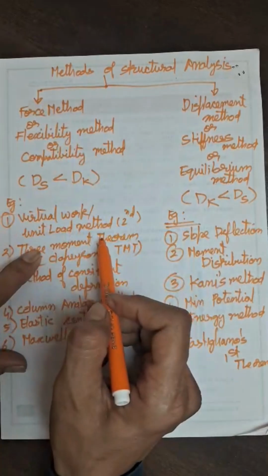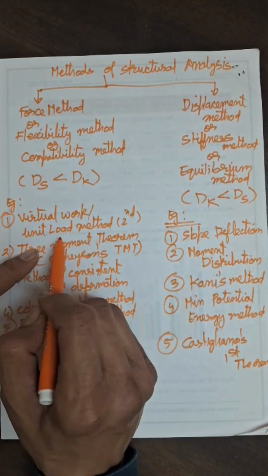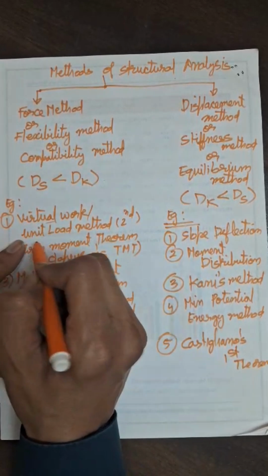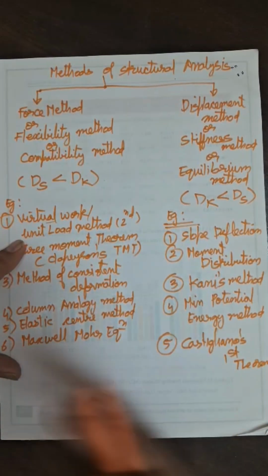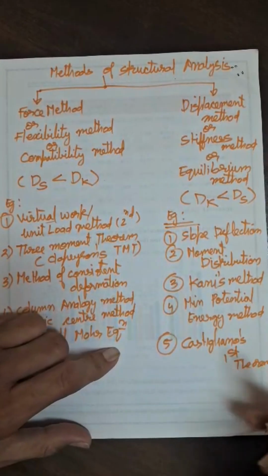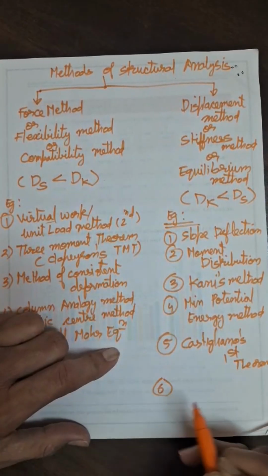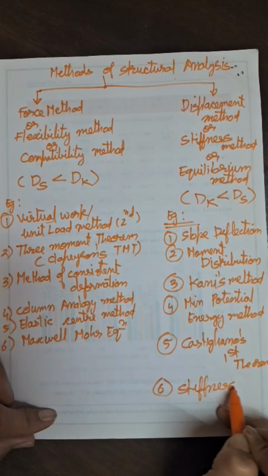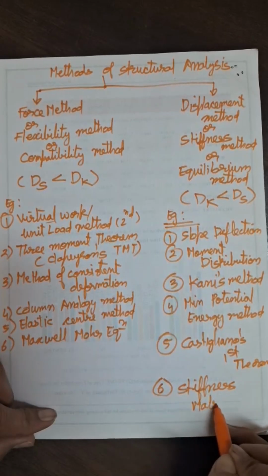In force method, we are having the example of Castigliano's second theorem, which is also known as virtual work method or unit load method. And Castigliano's first theorem is under displacement method, and another is stiffness matrix method.